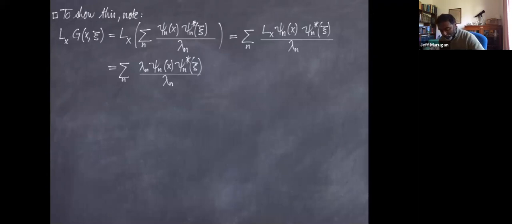The lambda n's of course cancel. And so what we're left with is the sum over n of psi n of x, psi n conjugate of xi.